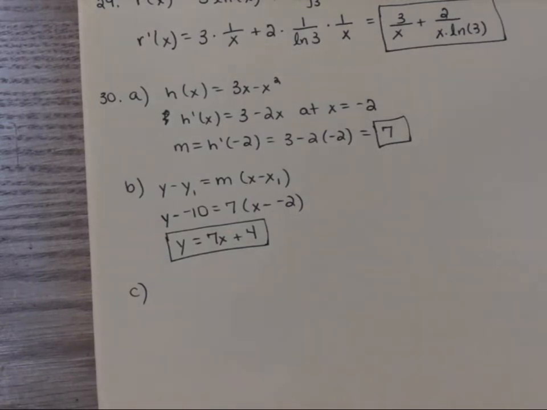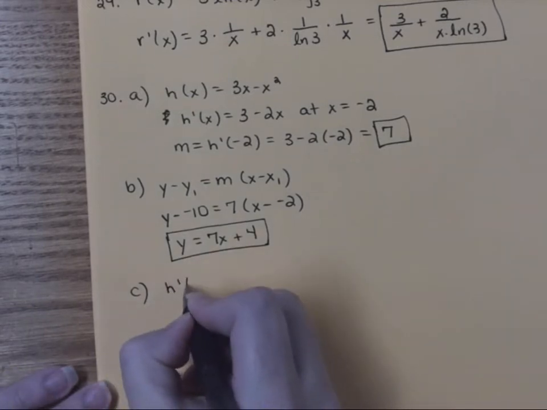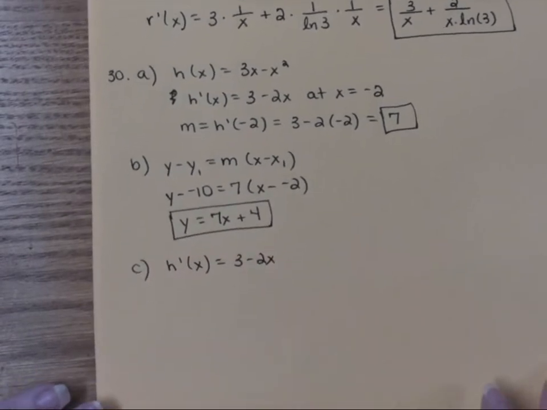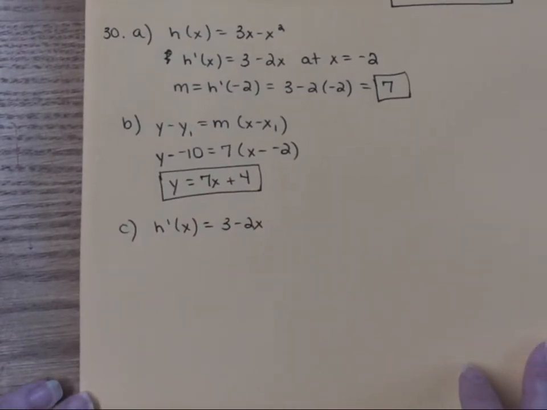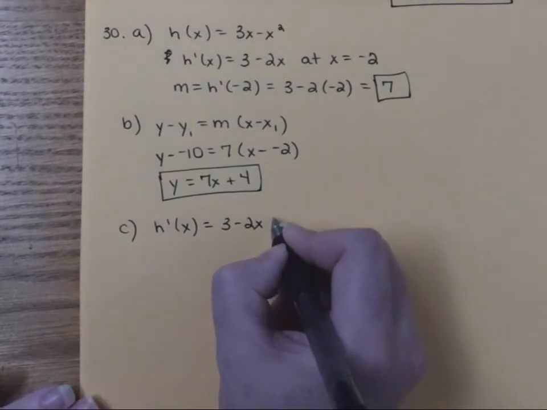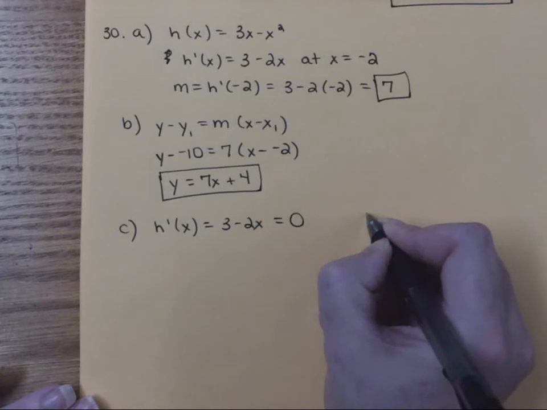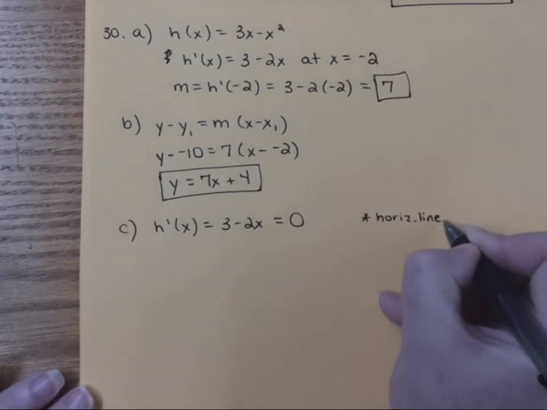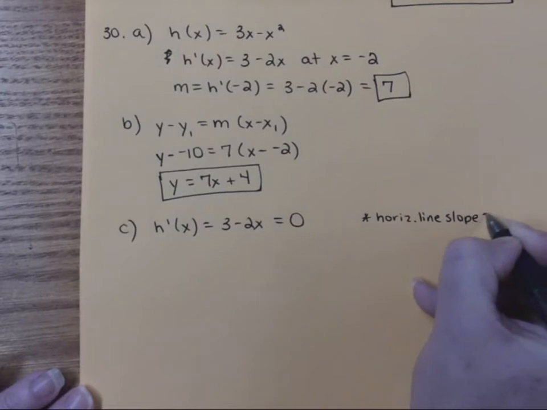Part C. So it says identify the values for which the tangent line is horizontal. So tangent line should remind you, hey, if they mention tangent line, they're speaking about the derivative. So here was my derivative from part A, right? And I'm going to remember that tangent lines that are horizontal have slopes of 0. So remember, horizontal line slope, always, always 0.